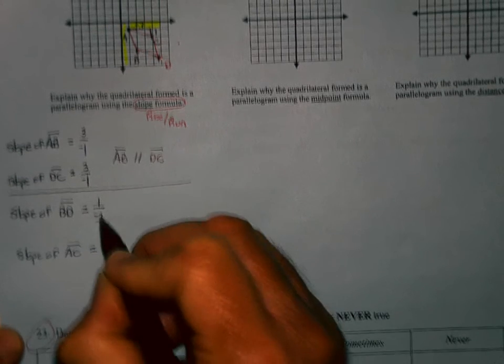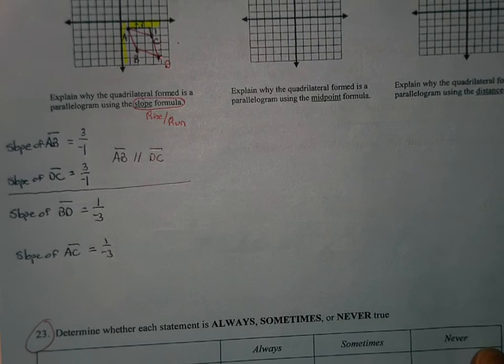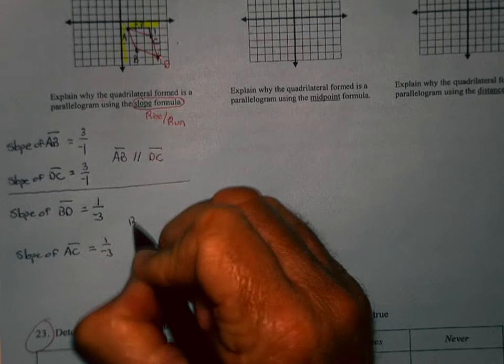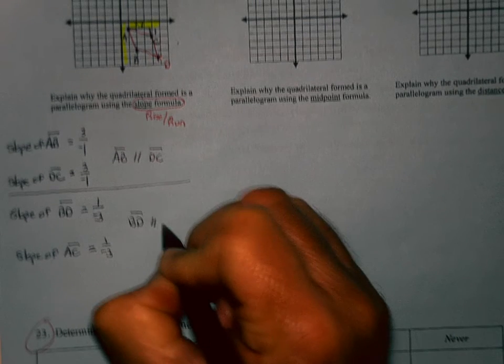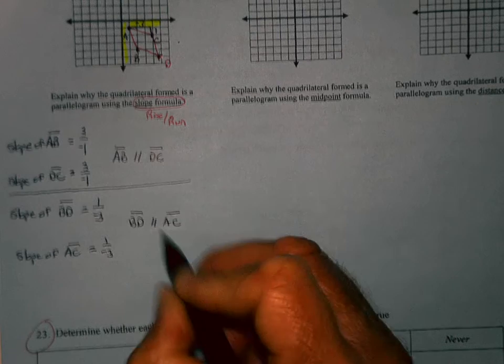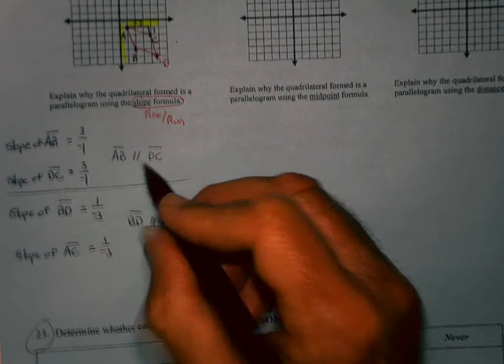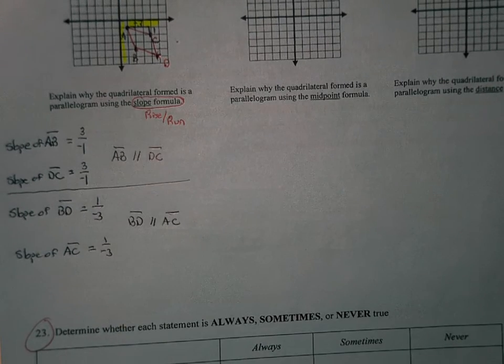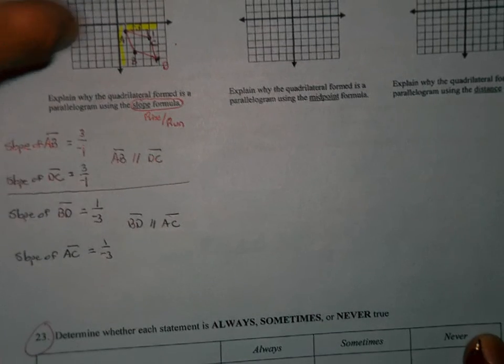Those two sides have the same slope, so that tells me that side BD is parallel to side AC, and therefore I have 2 pairs of parallel sides. I have just explained why that is a parallelogram.